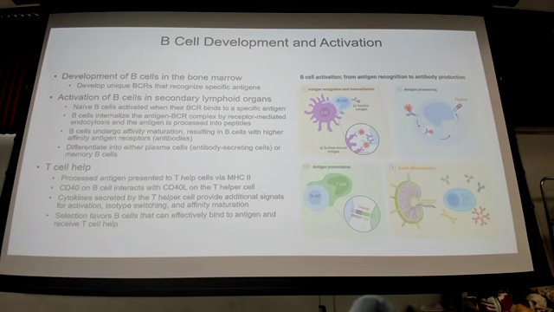Okay, so moving along, some of this we've already said, but this is an important slide. We know that B cells develop in the bone marrow, and by the time they leave the bone marrow, they will have that unique B cell receptor already formed. It may not be selected for, but it leaves the bone marrow with that BCR.